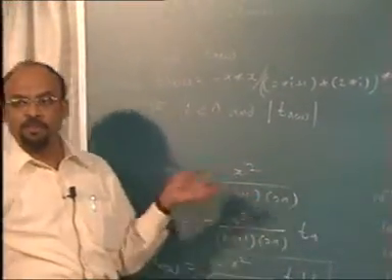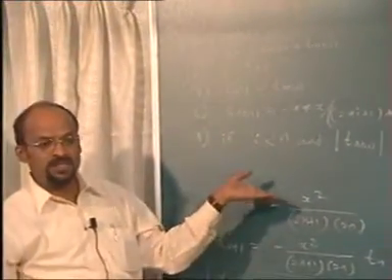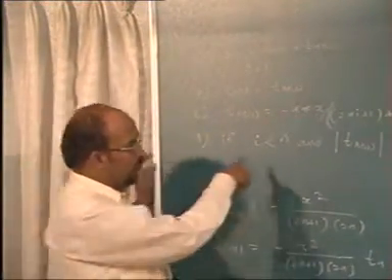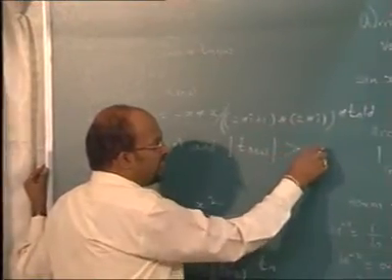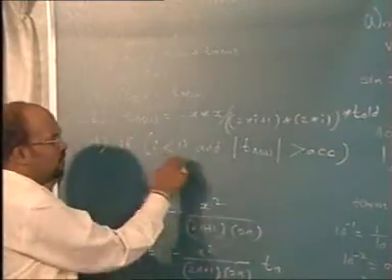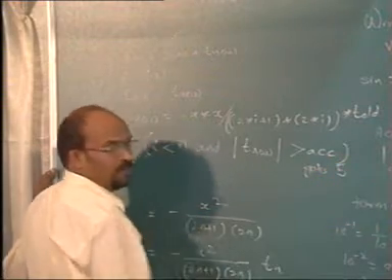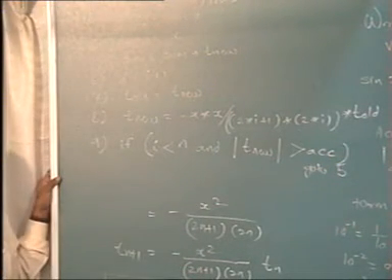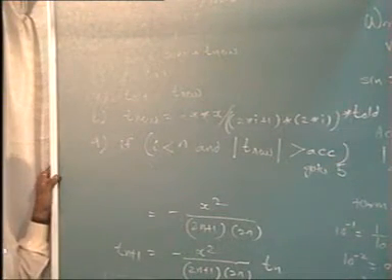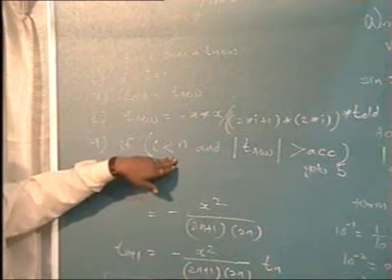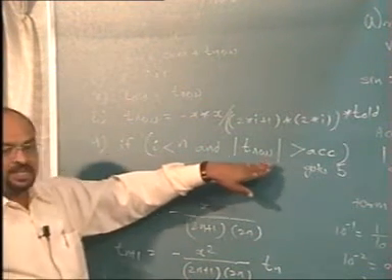But when will you repeat the loop? When the accuracy is not reached, means when this t new is greater than accuracy, I would say go to step 5. This means that we have not added the required number of terms and accuracy is not reached.